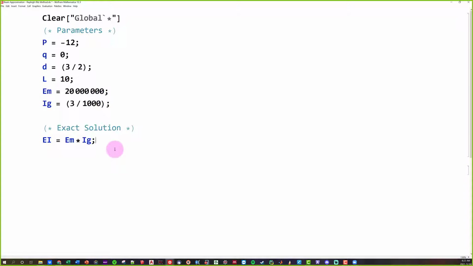The second step I'm going to do is define my differential equation for both the left-hand side of the beam as well as the right-hand side of the beam. So I'm going to say my differential equation for the left-hand side is going to be equal to EI times the fourth derivative of the displacement function. In this case, I'm going to call my displacement function YL, because remember, we're going to have two different functions based on which side of the beam we're looking at.